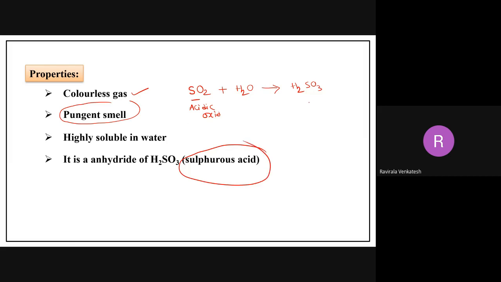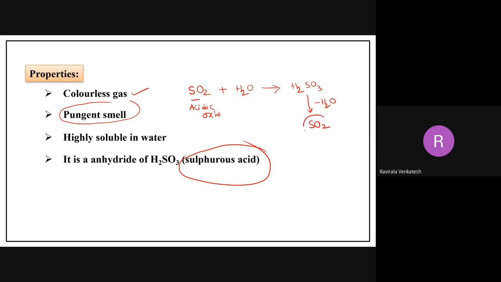इसमें आप water निकाल दो बेटा, क्या आएगा इसमें water निकालने के बाद? If you remove water, what आएगा बेटा यहाँ पर? Sulfur dioxide. What you are going to get if you remove the water? SO2. That is the reason we can call H2SO3 is anhydride of SO2, isn't it? That means what?